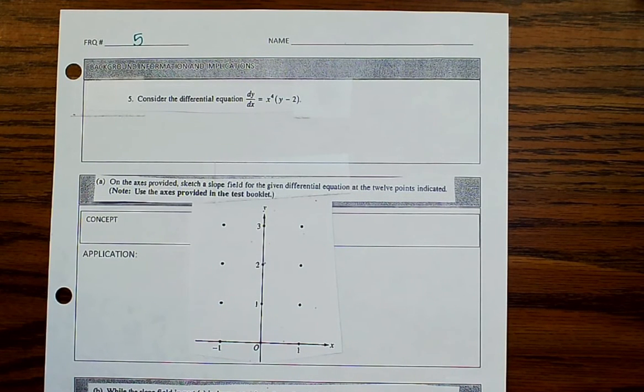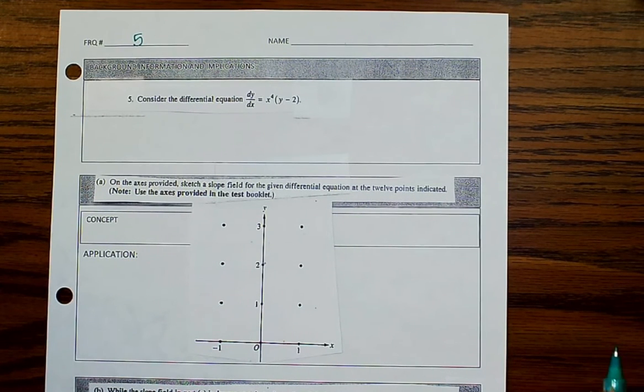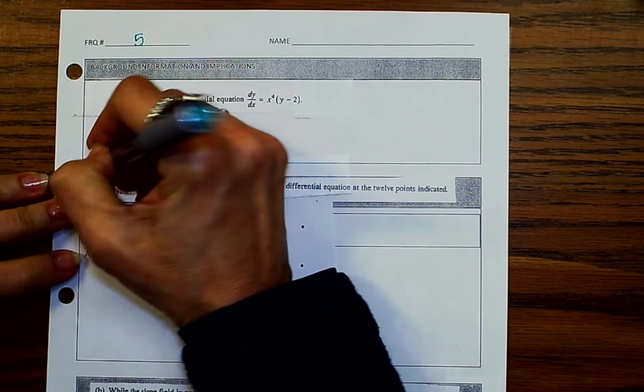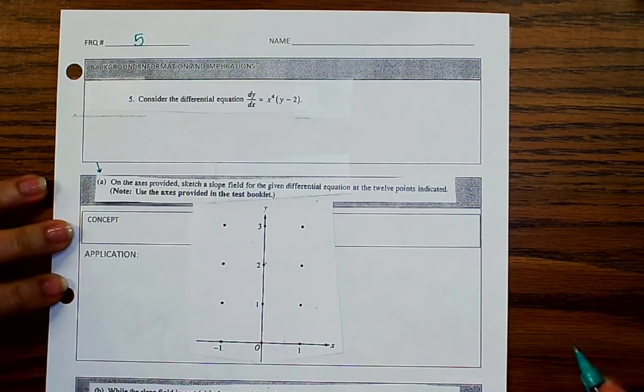So we have this differential equation, dy/dx equals x to the fourth times (y minus 2). And for part A, we are supposed to sketch a slope field for the given differential equation.